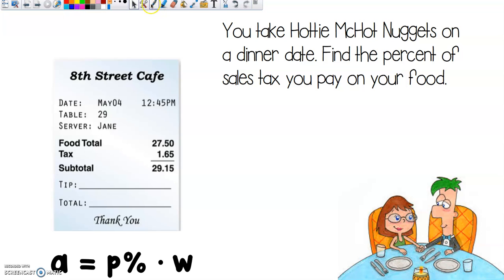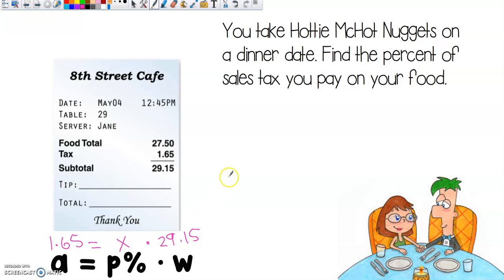So let's go ahead and start writing things out so that we understand. I don't know my percent, so percent is going to be the x, the thing I don't know. I do know my whole. It was $29.15. That was the total cost of my bill. And I know the part, which was $1.65. That's how much tax I paid.